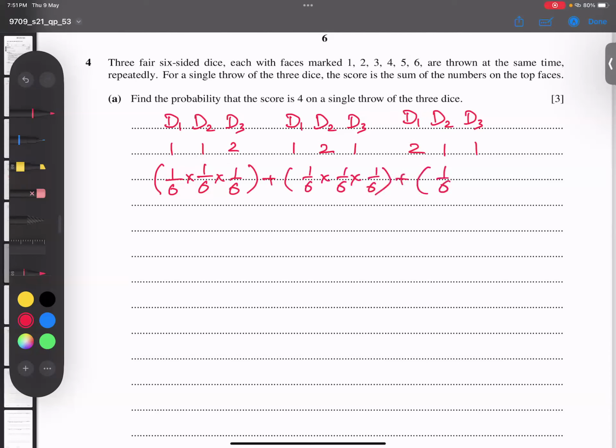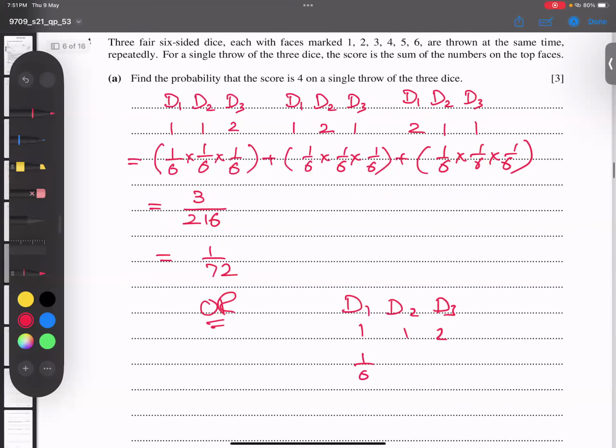I'm going to show the second method as well. So I got 3 out of 216. If I divide 3 by 216, I get 3 out of 216, or simplified, 1 over 72. Now, the other method. So I talk about dice 1, dice 2, and dice 3: 1, 1, 2.